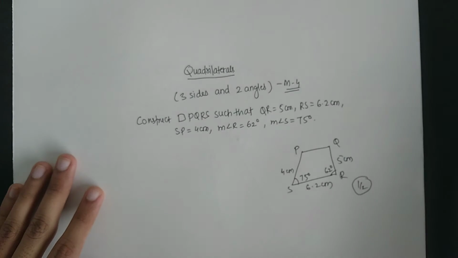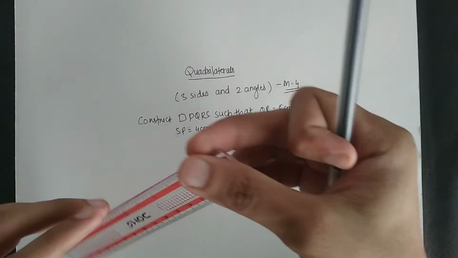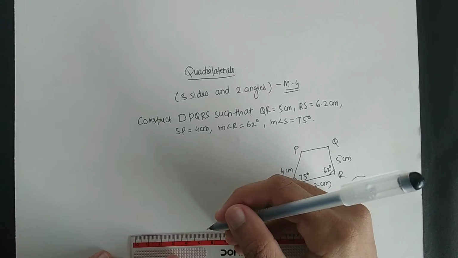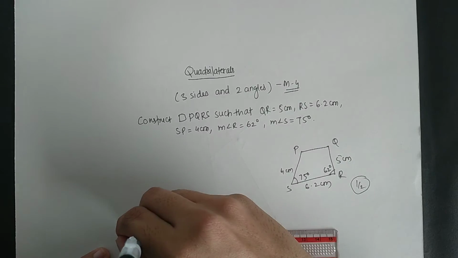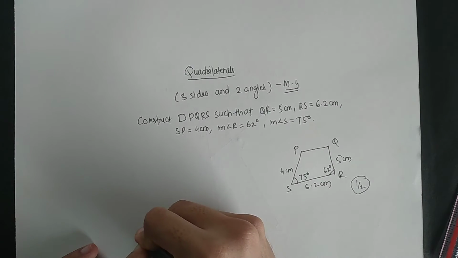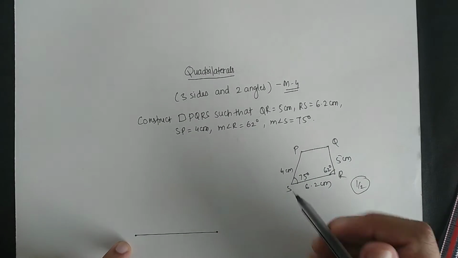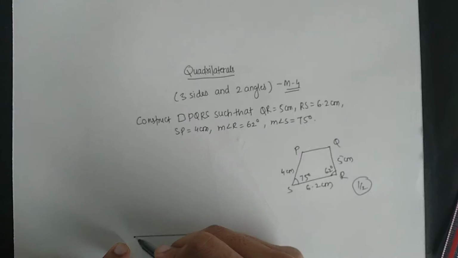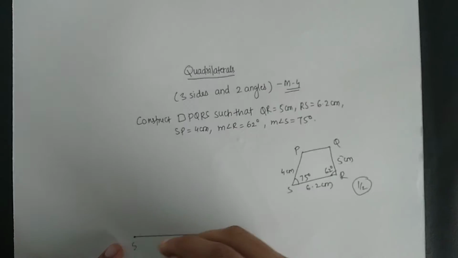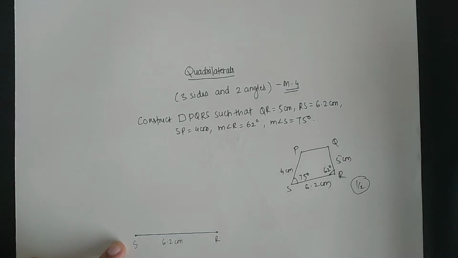So now I will consider SR first. The length of SR is 6.2 centimeters, so I am going to draw this length. Now you can see I have drawn this side first, as we have been provided with angle S and angle R. So this is my SR, which is 6.2 centimeter.